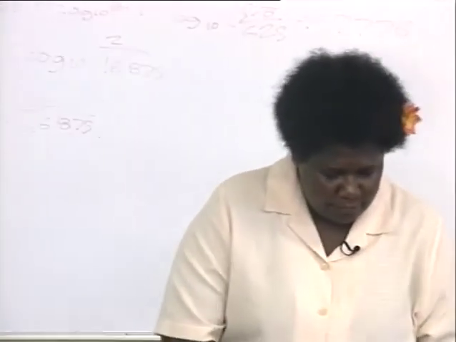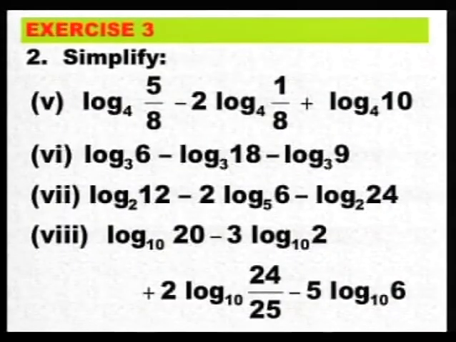Note number 5 should read log of 5 over 8 base 4 minus 2 log of 5 base 4, which is missing. And then minus log of 1 over 8 base 4 plus log of 10 to the base 4.